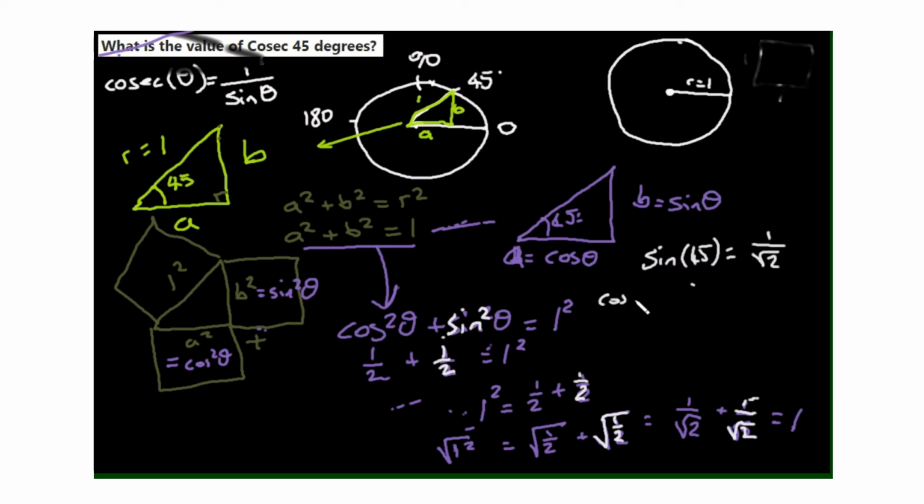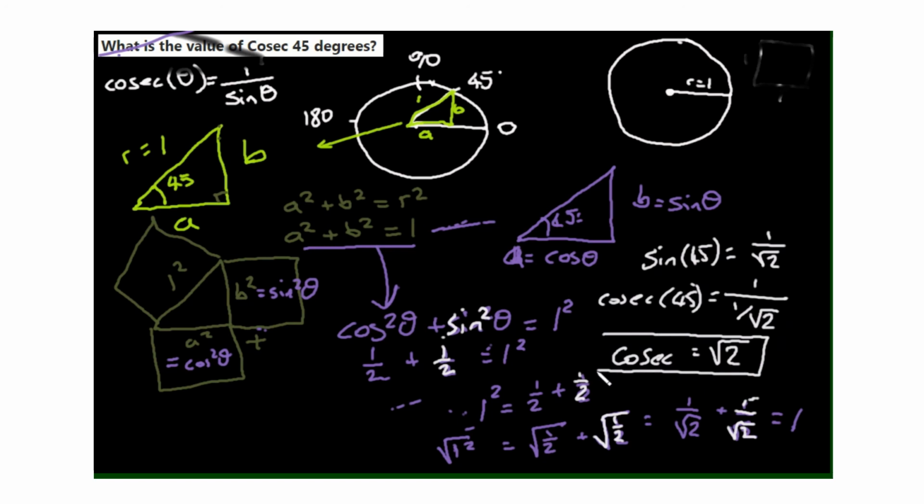But we want cosec 45 degrees, which equals 1 over that, which equals square root of 2. There, our answer, the reciprocal of sine, using Pythagoras as an example of this, a good mental image.